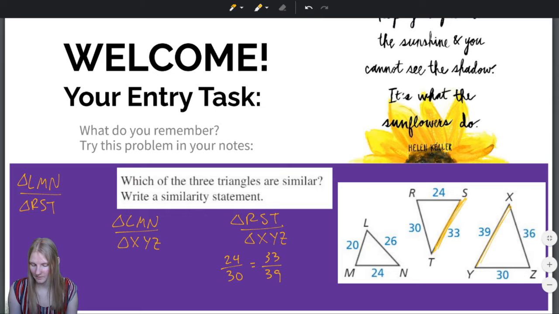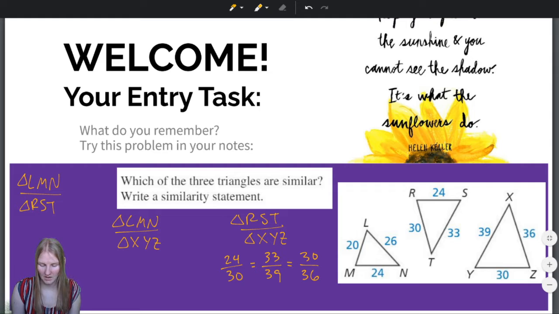And that also needs to be equal to the middle side, 30 over 36. Is this true? Is 24/30 equal to 33/39, which is equal to 30/36?